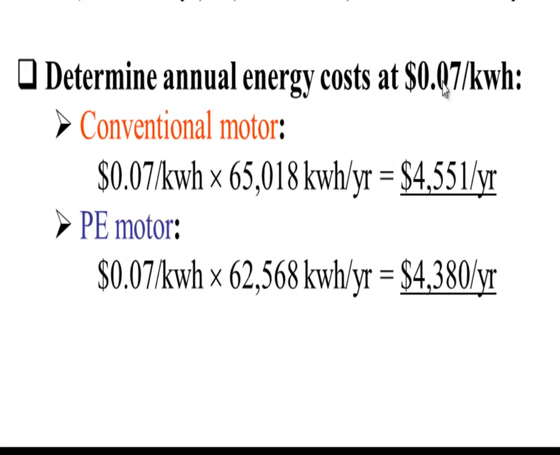Calculating the annual cost for each motor at $0.07 per kilowatt hour, we find that the cost for the standard one will be $4,551 per year, while for the PE motor it is $4,380 per year.